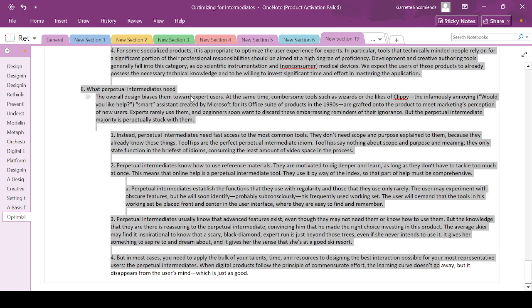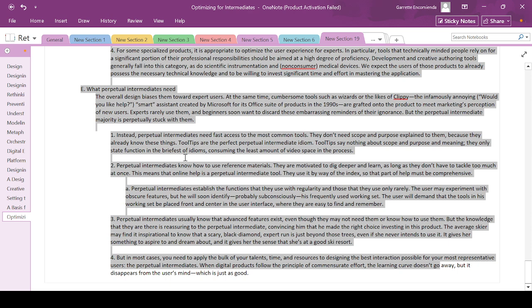So you need to balance, because the overall design tends to focus on expert users. Experts rarely use them, and beginners soon want to discard these embarrassing reminders of their ignorance. But the perpetual intermediate majority is perpetually stuck with them.